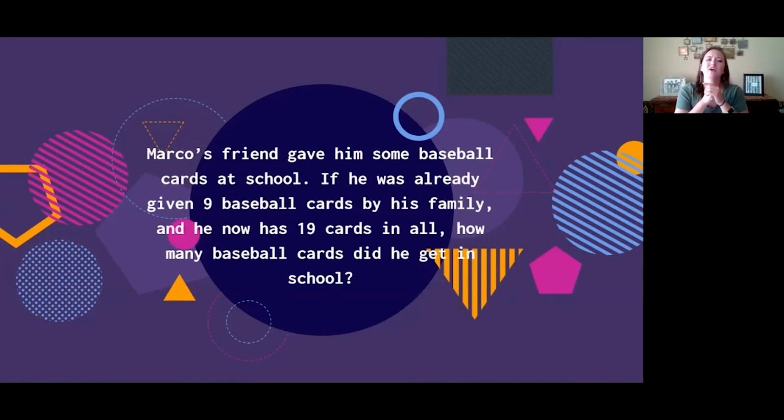If he was already given 9 baseball cards by his family, and he now has 19 cards in all, how many baseball cards did he get in school? All right, I'm going to put 2 minutes on the clock. Here we go. Give you a countdown in 3, 2, 1. Good luck.